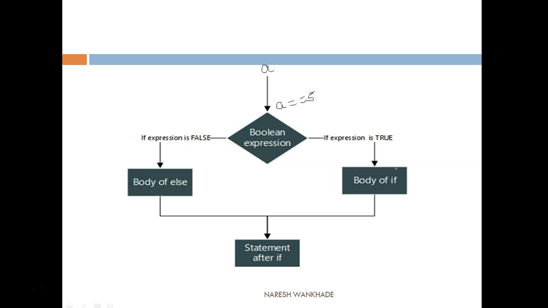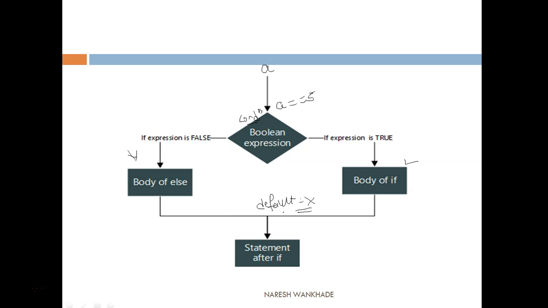If this is true, then this body of if will be executed, and if the Boolean expression, that is the condition, is false, in that case this body of else will be executed, and the default statement, that is statement X, will be executed along with either of these, either body of else or body of if statement.